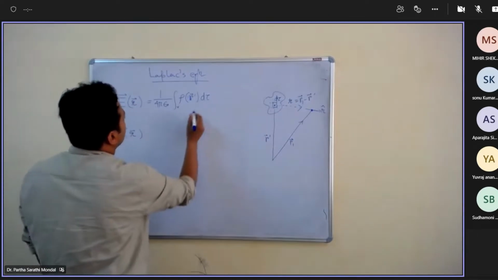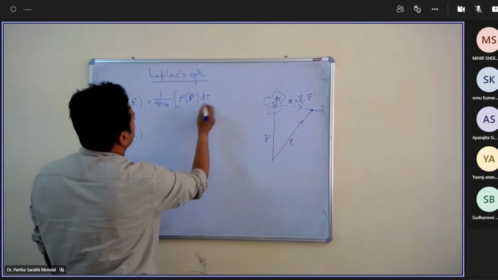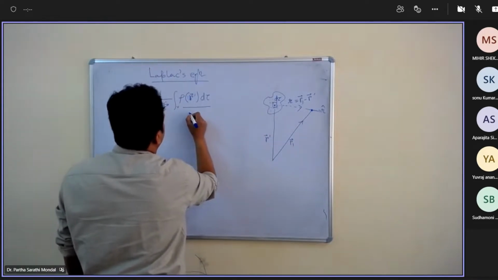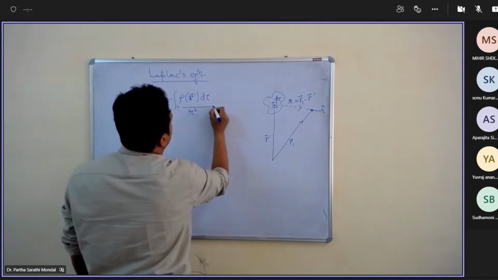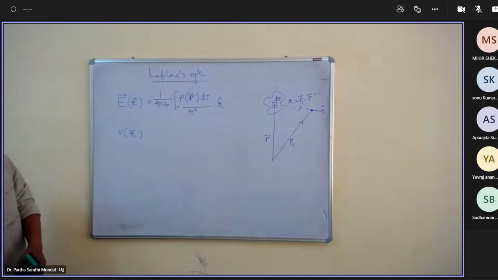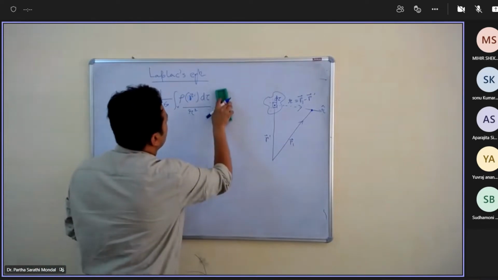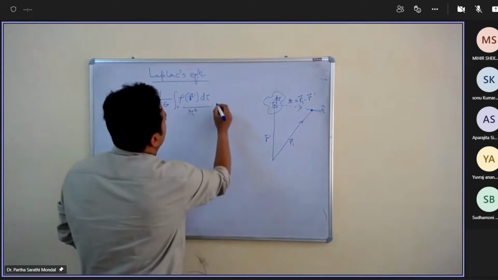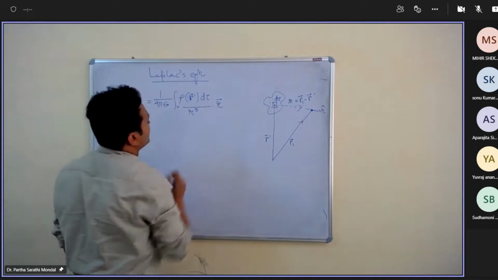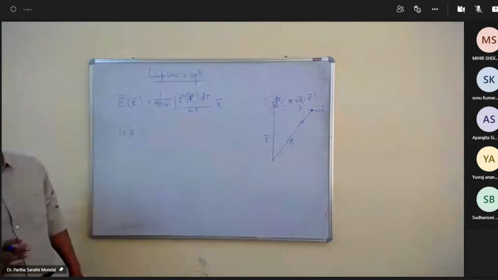Okay, and divided by maybe ये r होगा ना, r है ना, ये r square है, and we have to put one r cap here. Okay, so if I don't want to put r cap, if I want to put r vector here, so it will be r cube. समझ में आ रहा है?